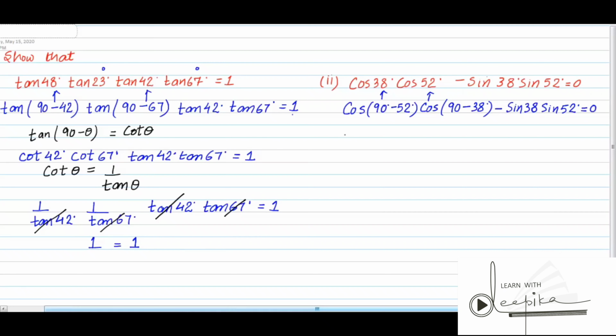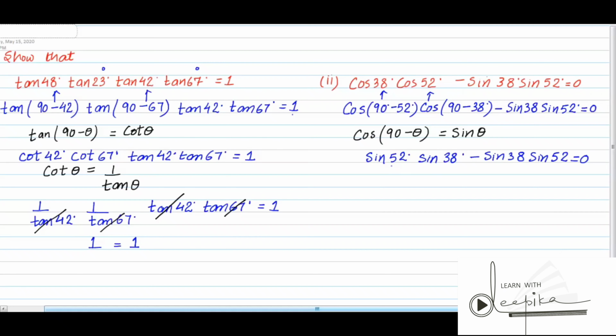Now we have the formula cos 90 minus theta is equal to sin theta. Using this formula, we can write cos 90 minus 52 as sin 52 degree, and cos 90 minus 38 degree as sin 38, minus sin 38 and sin 52 is equal to 0.